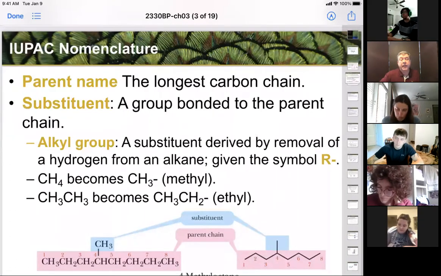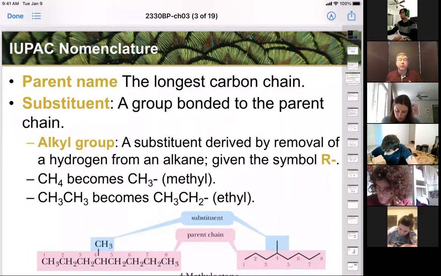Okay, that one carbon hanging off in the middle is now still a meth for the one carbon, but because it's a substituent, we're going to put the YL at the end, signifying we have one carbon as a substituent. Okay, so that would give us the methyl substituent. And the broad name for these is alkyl groups. Notice how there's a YL at the end of this? There's going to be a YL at the end of all of these hydrocarbon substituents.